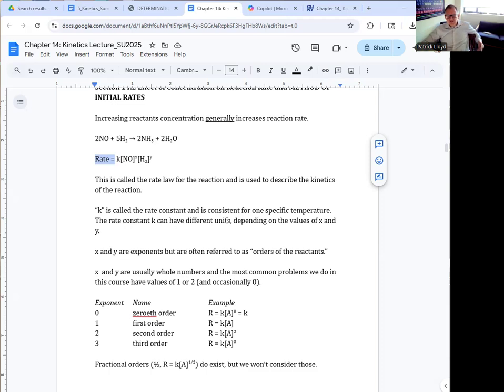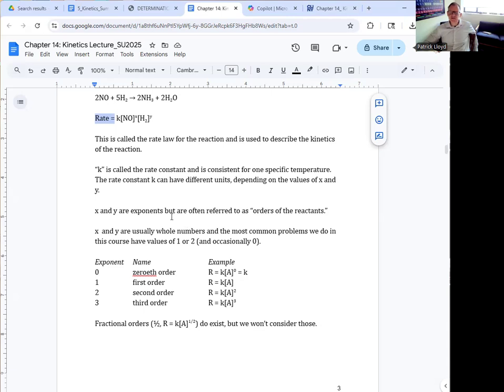The units of the rate constant, we'll get into that a little bit later. It depends on what the equation looks like, primarily on what those exponents are, whether they're a 1, a 2, or a 3. And again, these exponents, x and y in this case, are called the orders of the reactants. That term order comes from algebra.